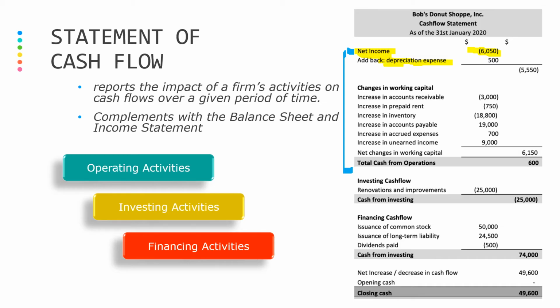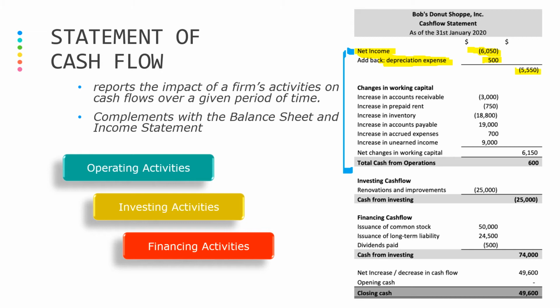Basically, depreciation expense has no cash transaction, or it does not involve any cash when you record a depreciation expense. Okay, so you add that back. If you can see here, you add the 500, so you have a change of negative 5,550.